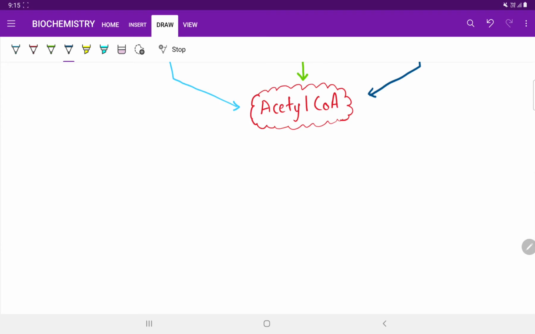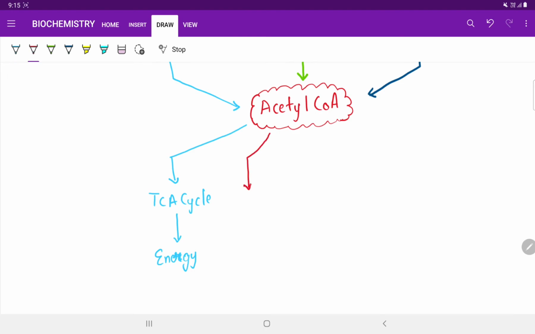Now this acetyl coenzyme A is further subjected to various biochemical reactions. The first one is the TCA cycle, which leads to production of energy. 12 ATP are formed per molecule of acetyl coenzyme A that is entering.